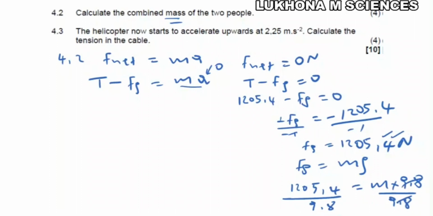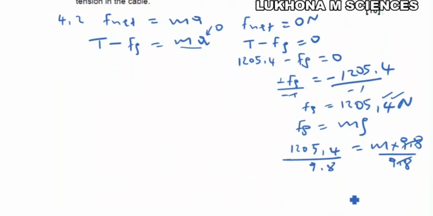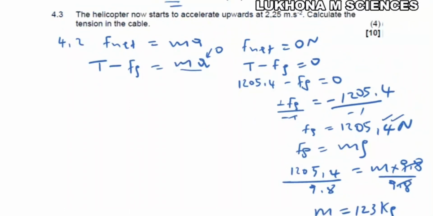So the mass now is equal to, let's press the calculator, 123 kg. This is the mass. Now let's go to another question, that is question 4.2. Calculate the combined mass. We're done with this one.